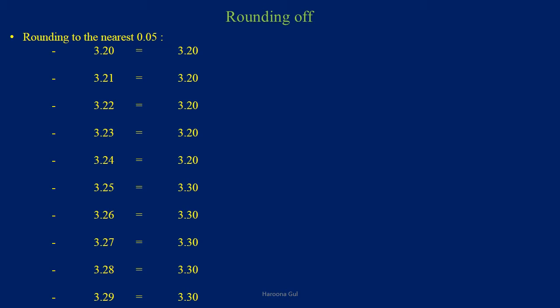And we'll see how our answer changes with the change in the hundredths digit. From 3.20 to 3.24, our answer will remain the same, that is 3.2 or 3.20. But from 3.25 onwards, we're going to round it off to get the answer as 3.3, right?